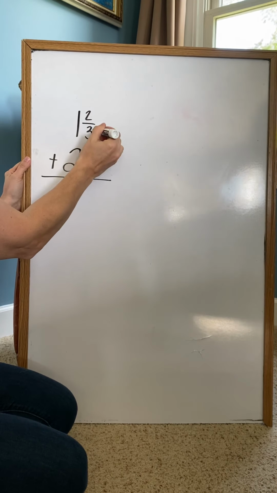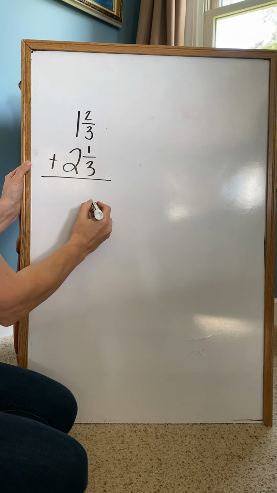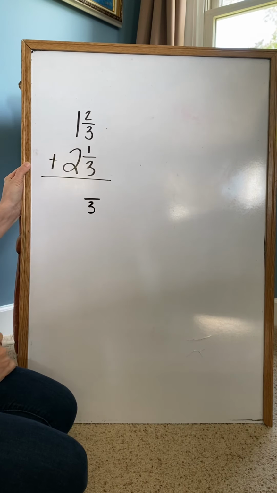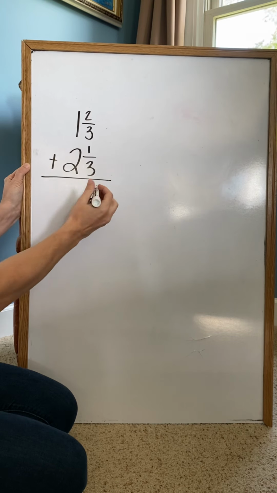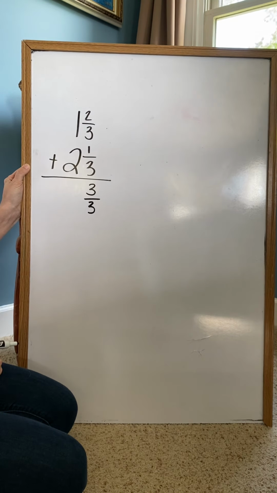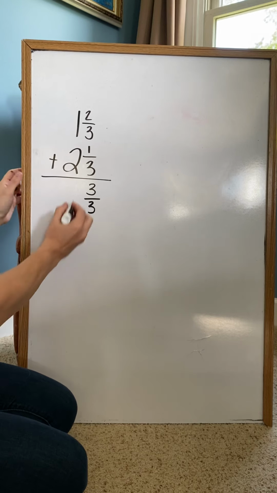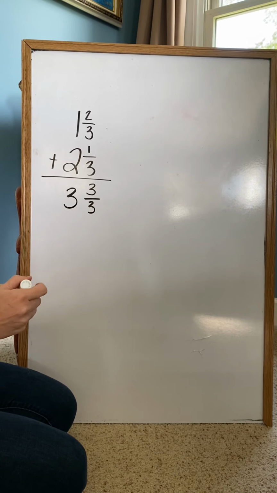So 2/3 plus 1/3. We know our denominator is going to be thirds. 2 plus 1 is 3. One plus 2 is 3.